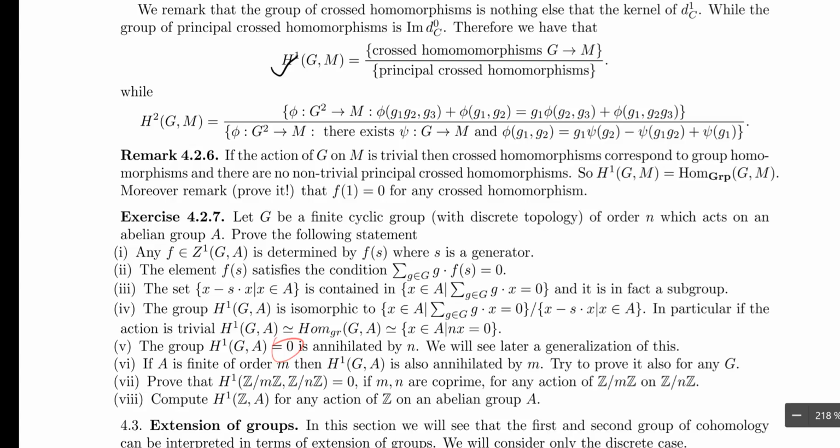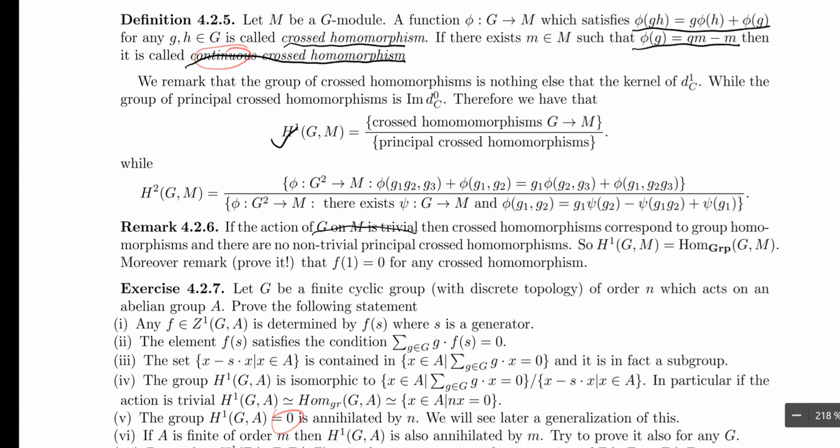Remark, if the action of G on M is trivial, then cross homomorphisms correspond to group homomorphisms. Yes, just from the definitions, obvious. If G acts on M trivially, this is just telling phi(gh) is phi(g) plus phi(h), so phi just becomes a group homomorphism, and there are no non-trivial principal cross homomorphisms.